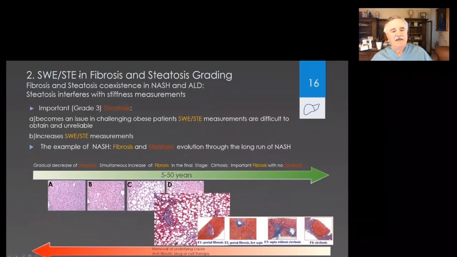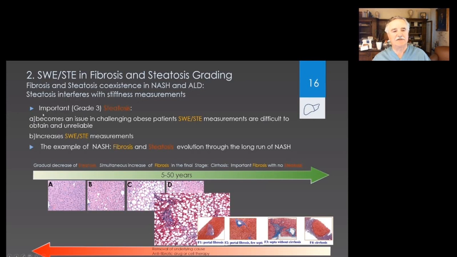Shear wave elastography is a tool to grade fibrosis and steatosis, but there are some issues if fibrosis and steatosis coexist, and that happens in NASH and in alcoholic liver disease. Steatosis does interfere with stiffness measurements.